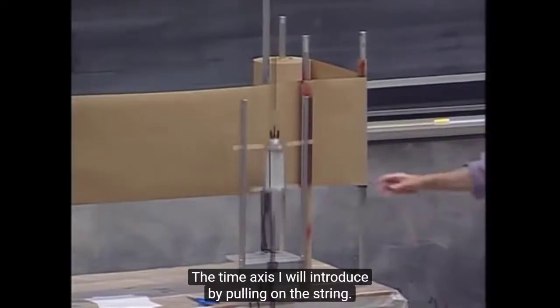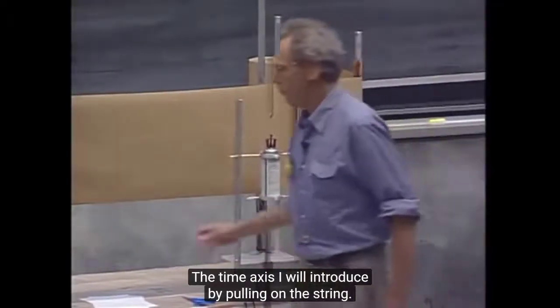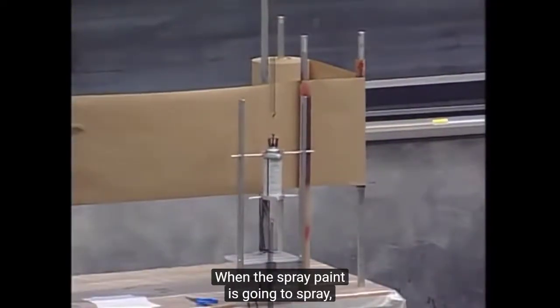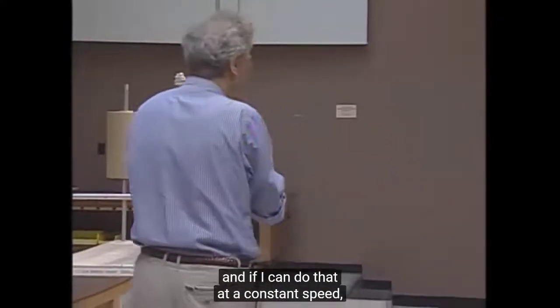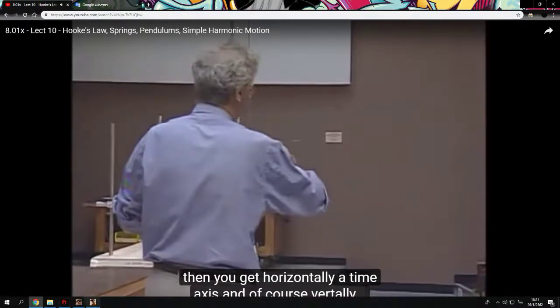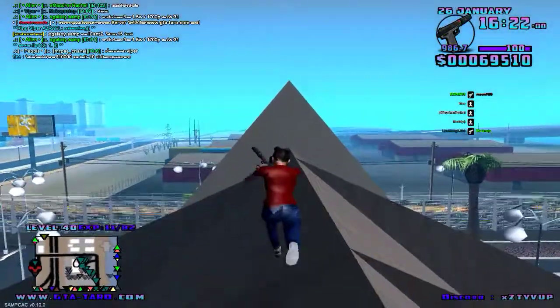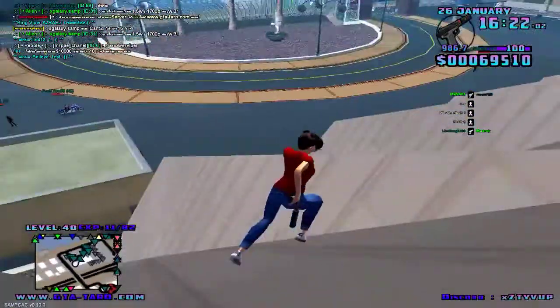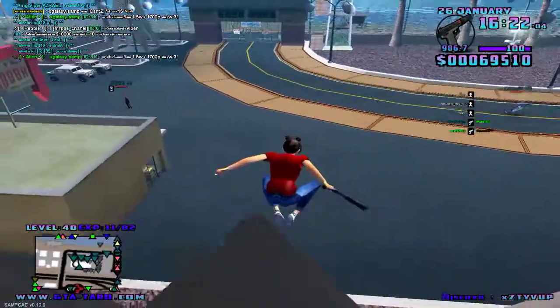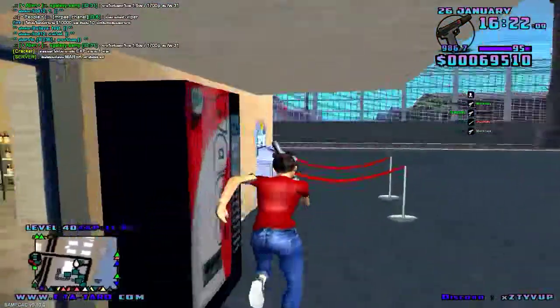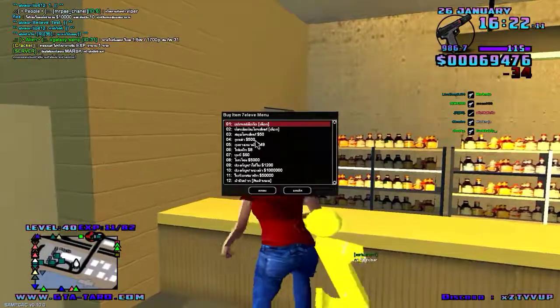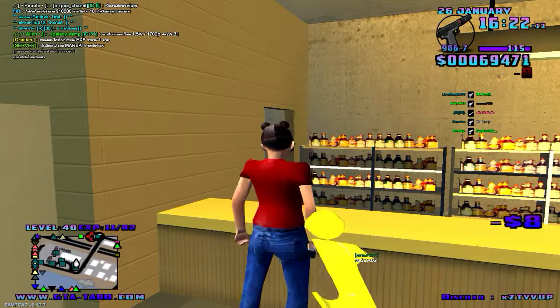The time axis I will introduce by pulling on this string. When the spray paint is going to spray, I'm going to pull on that string, and if I can do that at a constant speed, then you get horizontally a time axis, and of course vertically you will get the position x. So I want you to just see qualitatively what kind of a curve x as a function of time is, which then will have to satisfy that differential equation.